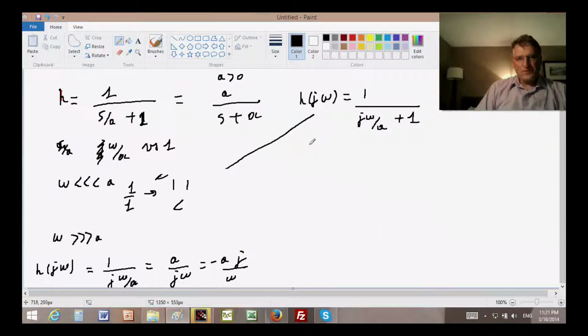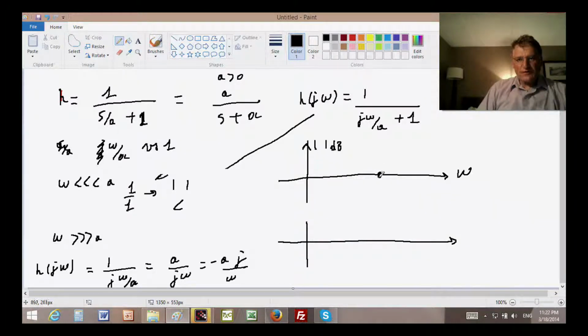So how does our Bode plot work? We're going to pick the magnitude plot, magnitude in dB versus omega, where omega follows a logarithmic scale, and we'll do the same for phase.